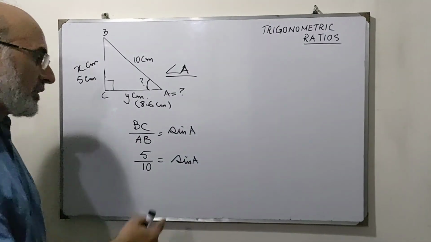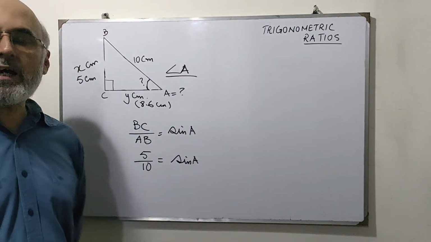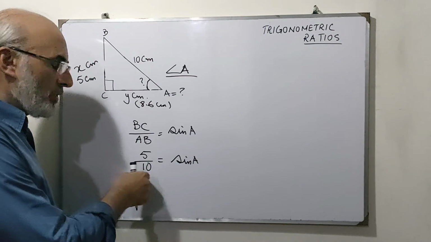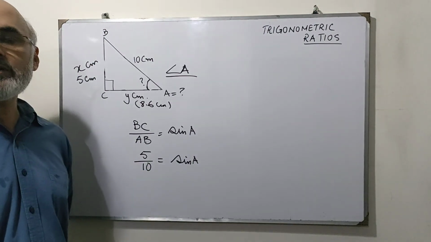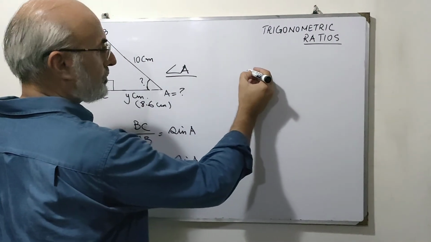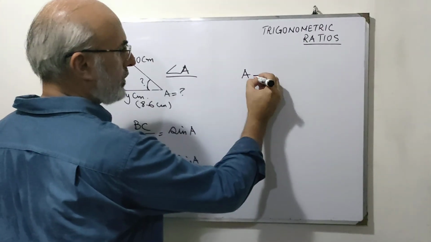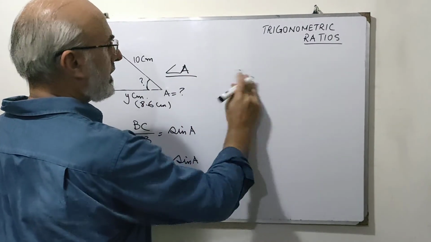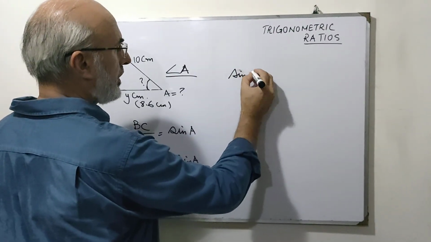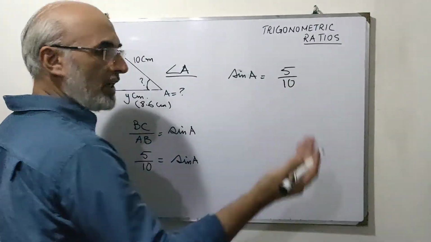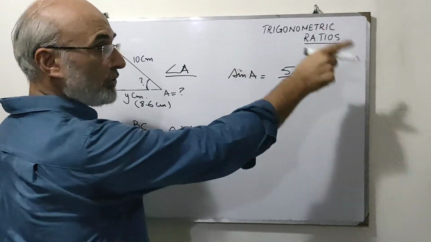Okay? So I have to take this sine to the other side, so I'm going to take the inverse for this ratio. How to do that? Remember this. Sine A is equal to 5 over 10. Now this sine is going to the other side.